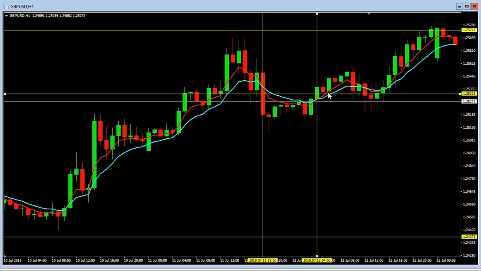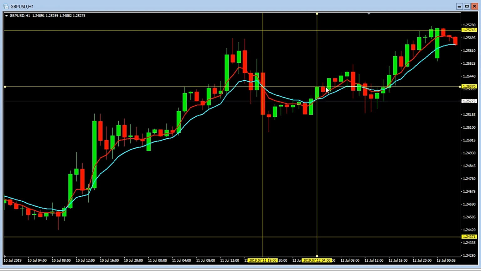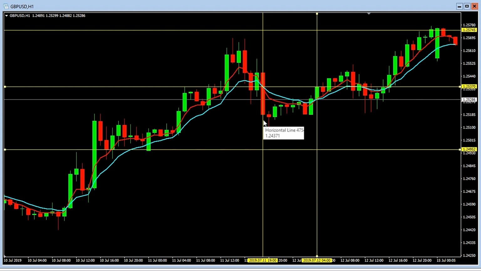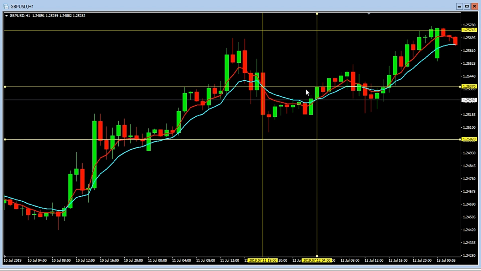Now we're going to take our long trade here at the open of the next candle, and we're going to place a stop loss 5 pips below the last low, and we check what we are risking.